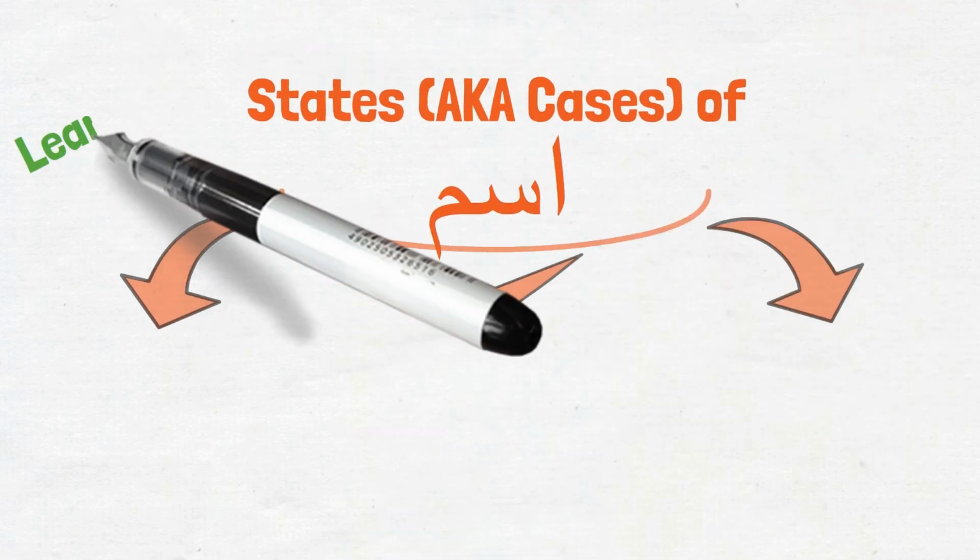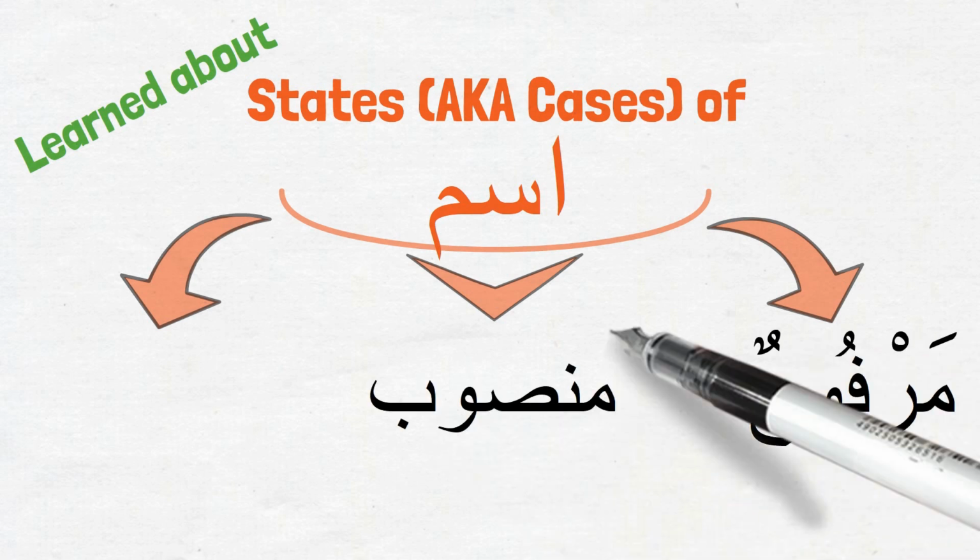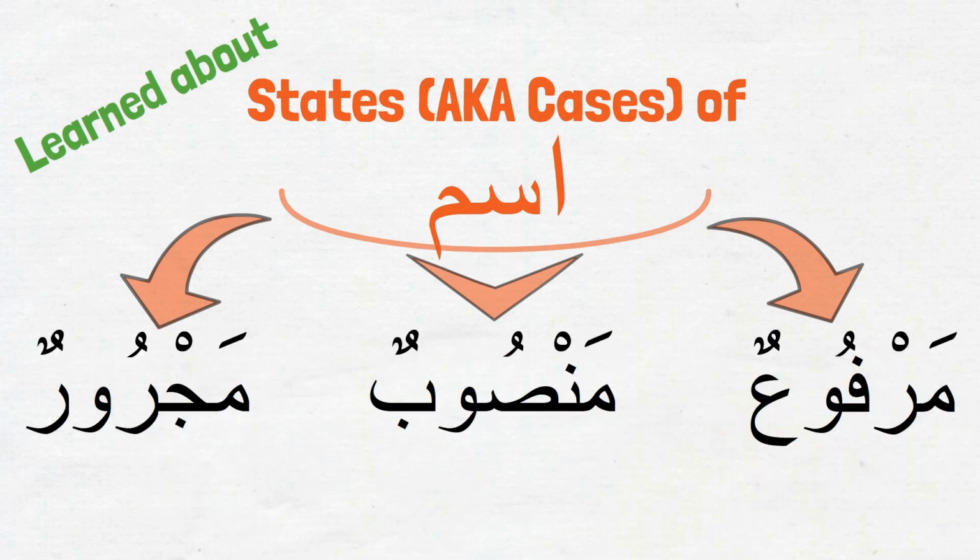Let's quickly summarize what we've learned in this video. We learned about 3 states of ism, which were marfu', mansub, and majroor. The marfu' is the normal state that ends with u or un, as in al-kitabu or kitabun. Mansub state ends with a or an, as in al-kitaba or kitaban.